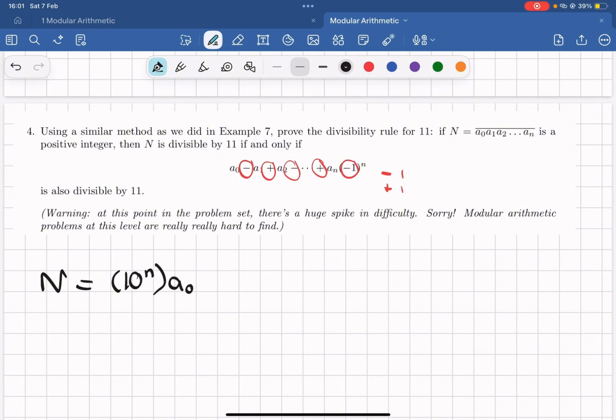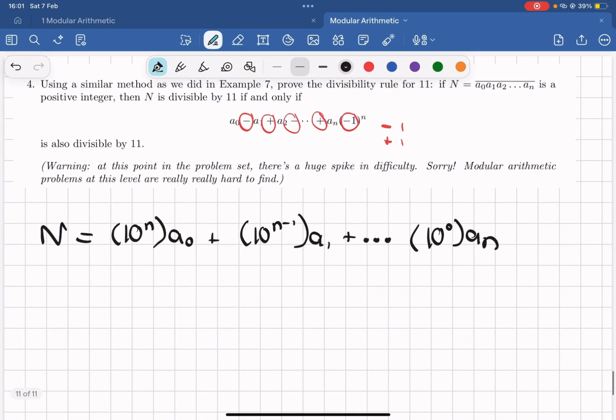So n equals a0 times 10 to the n, that's whatever thousand or million, plus 10 to the n minus 1 multiplied by a1, and so on and so forth up until 10 to the 0 times an.